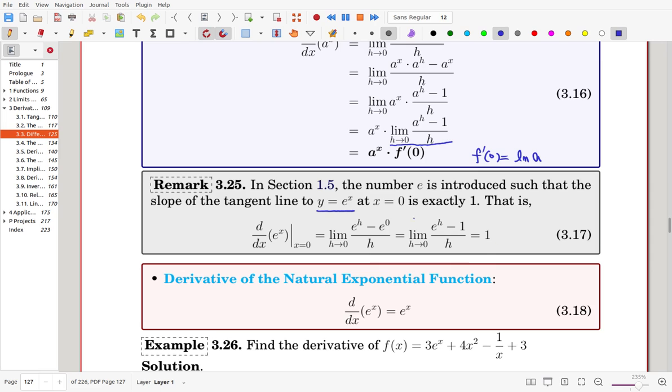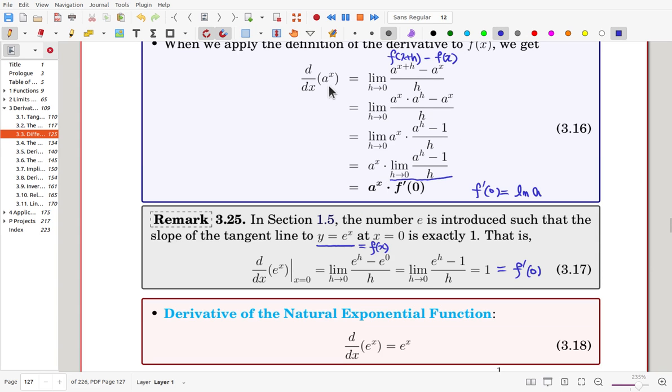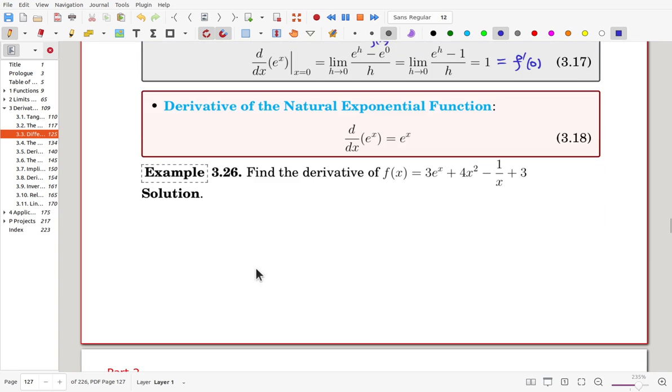That is, considering f of x as e to the x, that is exactly f prime of 0. So from this formula, once it is replaced by e to the x, f prime of 0 must be 1. So the derivative of e to the x is e to the x. So derivative of the natural exponential function is the same as the original function, e to the x. Okay, we have that formula.